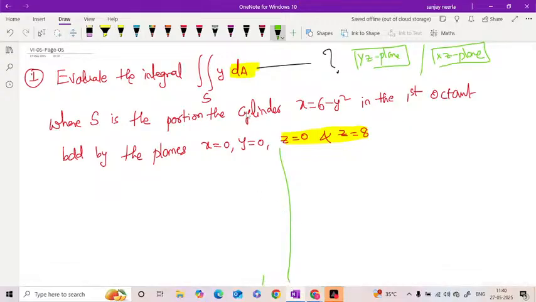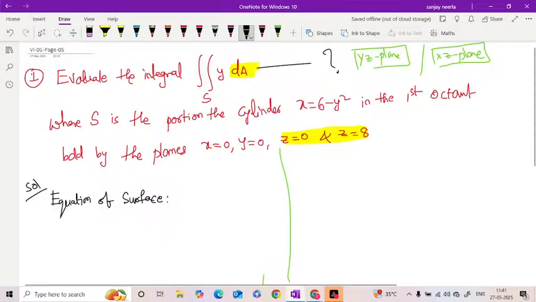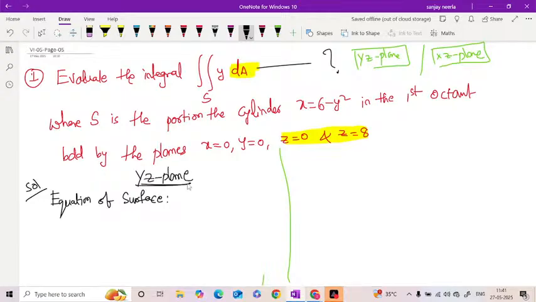First of all, what is the equation of the surface? I am taking the yz plane first, so yz plane means we have to separate only x.